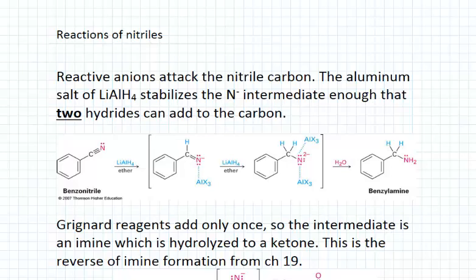Let's look at some of the other reactions that nitriles do that we've already mentioned. Instead of having water attack the nitrile carbon, a reactive anion can attack that nitrile carbon. Let's do reduction. LiAlH4, lithium aluminum hydride, is a strong reducing agent.